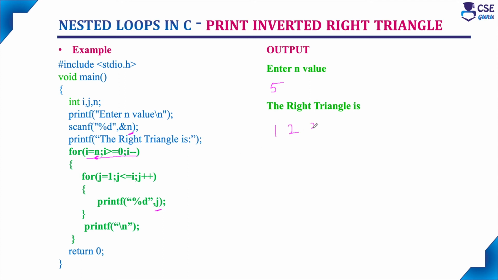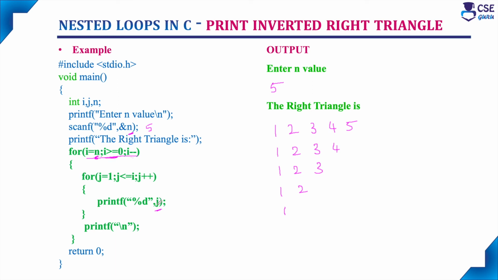That is 1, 2, 3, 4, 5. If n is 5, it prints up to the 5th value. In the next iteration i gets decremented, so it prints only 4 values. In the next iteration i is decremented again and it prints only 3 values, then 2 values, then 1, and then the condition fails.